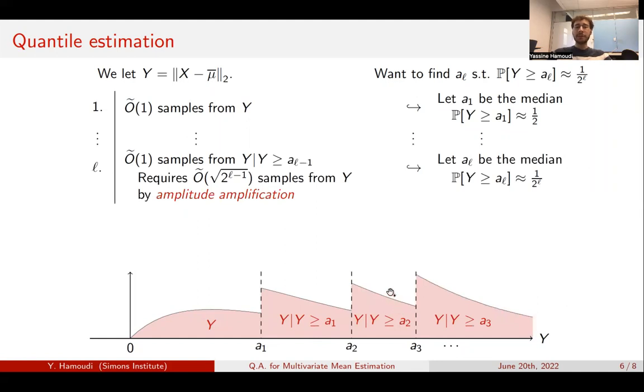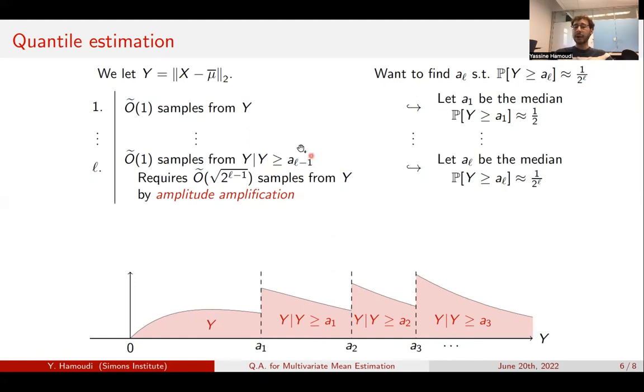So it gives us the following algorithm: for estimating AL, what we can do is just take a constant number of samples from the renormalized distribution. The difficulty in doing that is that this renormalization depends on an event which is less and less likely to happen when L increases.